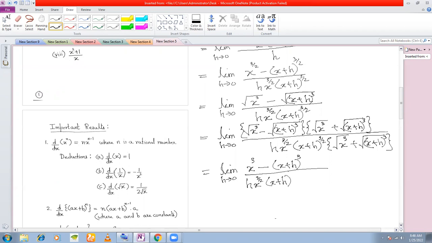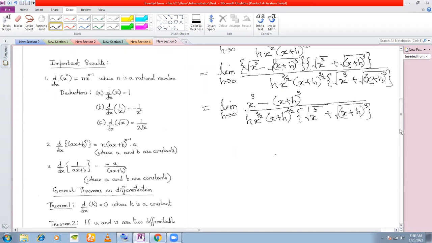the power of 3/2, and you have root x cube plus root (x + h) whole cube, right? So now what we are going to do is the numerator we are going to expand by the (a - b) whole cube formula.